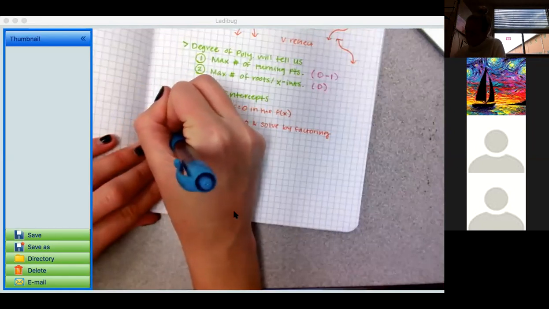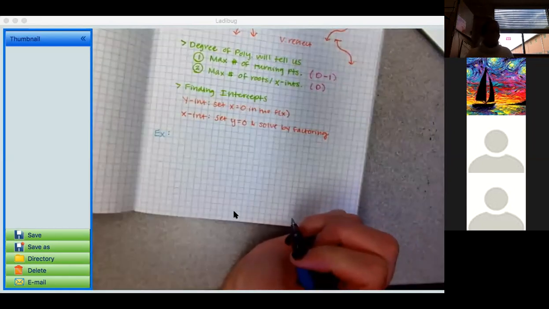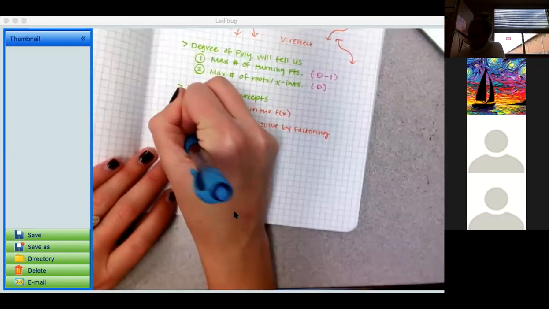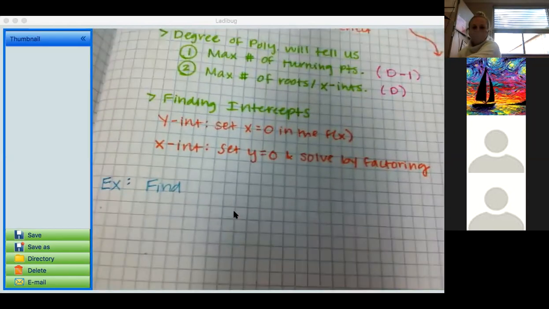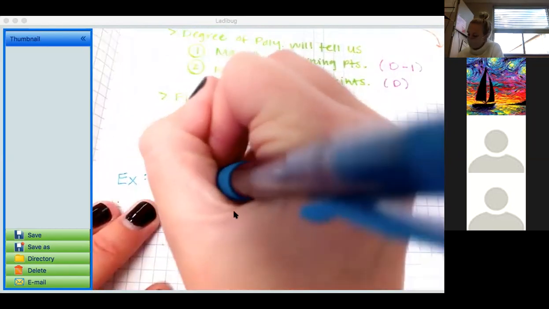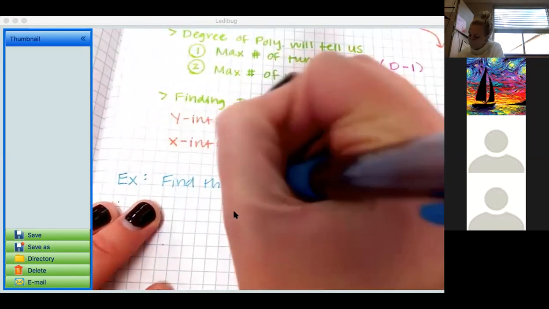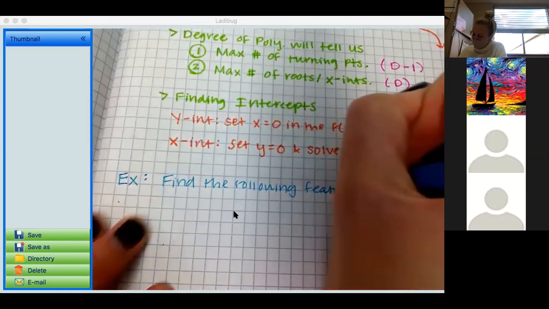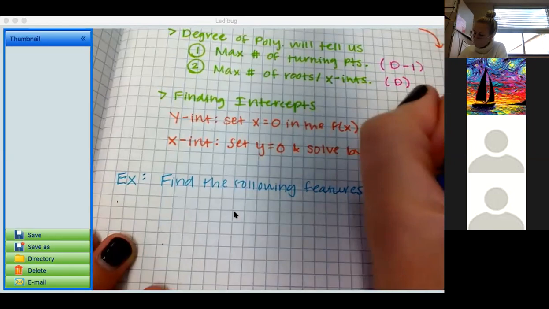We'll do one example right here, and then we are going to move on to rational functions because that's where the fun stuff happens. And I do want y'all to try this without me, and then I will go over it.